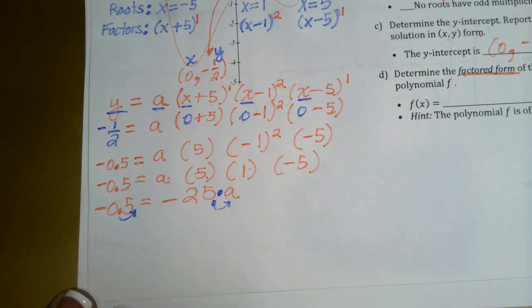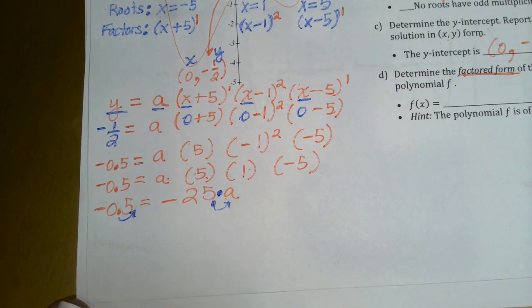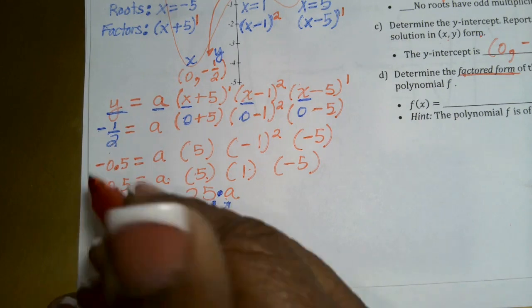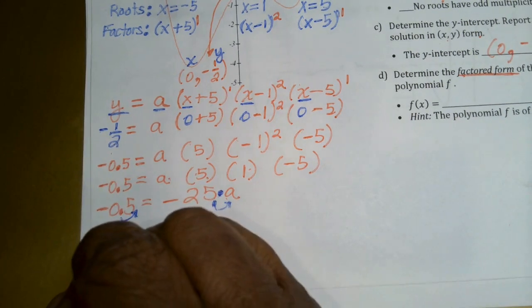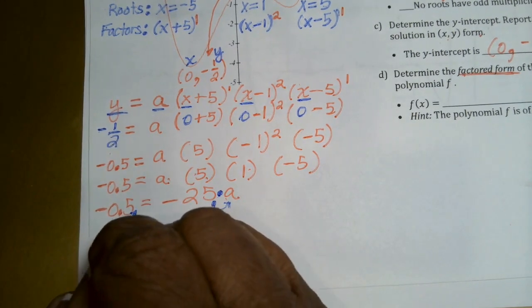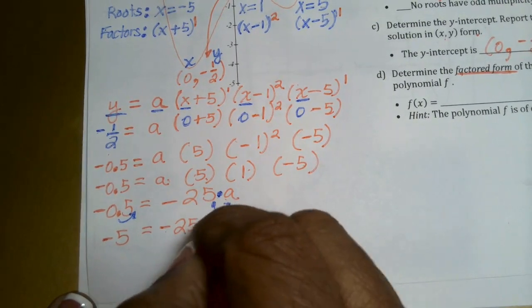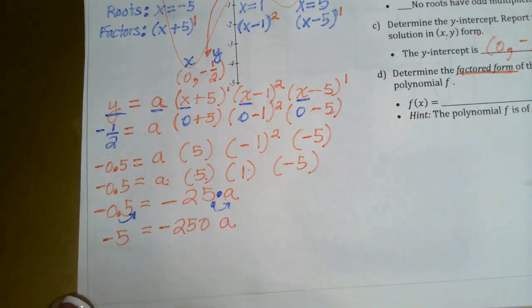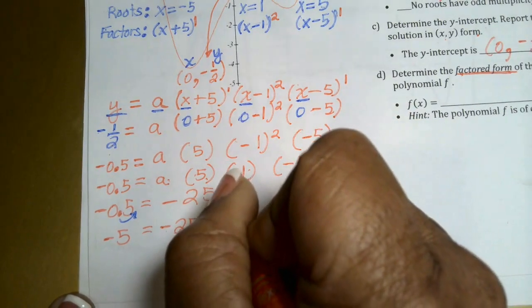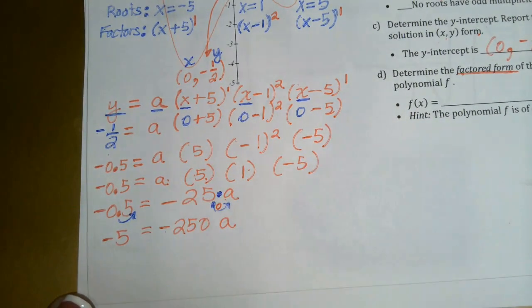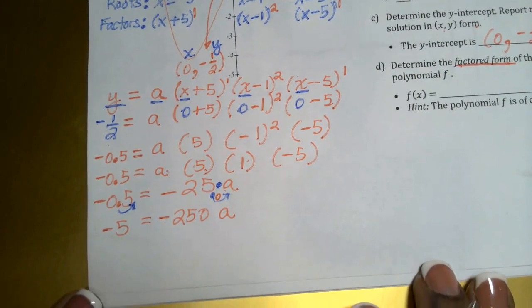What I do to one side, I have to do to the other. So really, I've multiplied both sides by 10, and that's valid, and that helps me get rid of decimals out of my problem. So this is how this looks. Negative 5 equals negative 250a. So I move the decimal, I insert another 0 here, so I get 250.